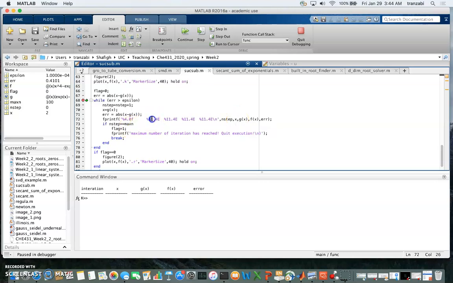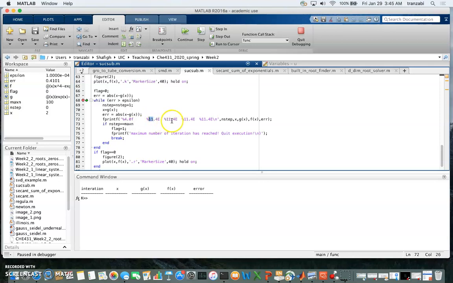You're going to use 11 characters or 11 spaces for x value. You're going to use scientific form. That's what this e means. And then within these 11 spaces, you're going to use 4 decimal digits, and the rest will be spaces for the exponent, for the decimal point, and for the integer part.